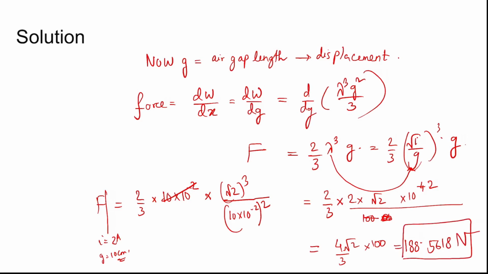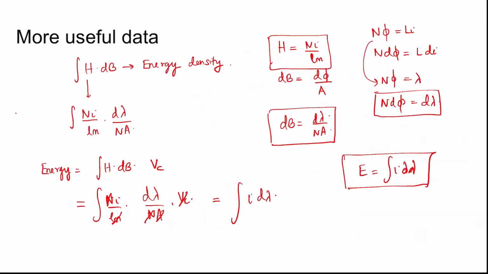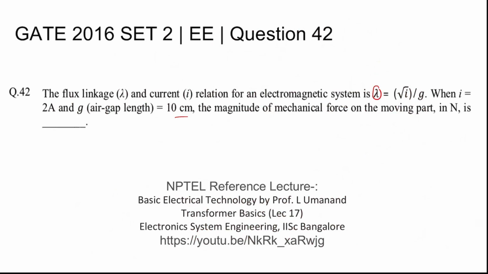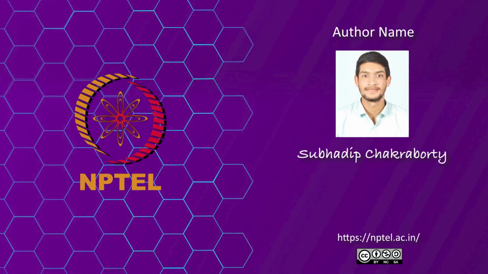So this is the answer. 188.56 is the answer. It is 188.56 Newton, the force acting at that particular point for this given lambda versus I relationship. Thank you.